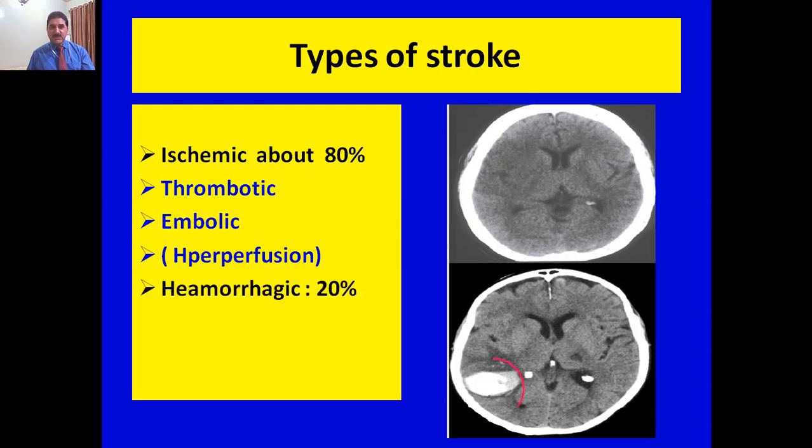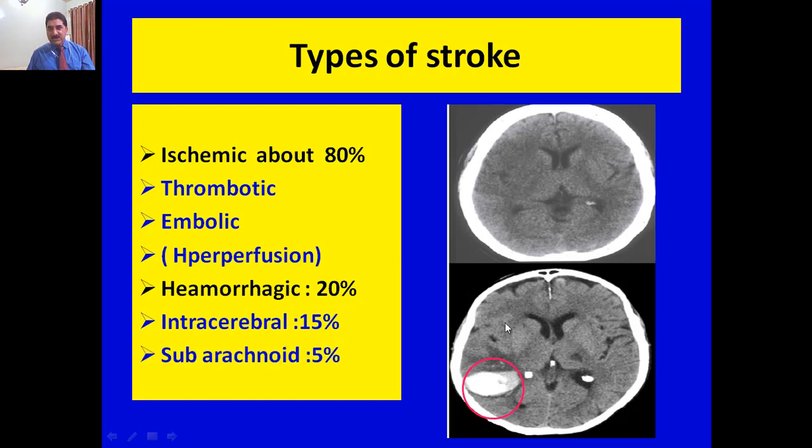They account for 80% of all strokes, while hemorrhagic strokes are less common. They account for 20% of the strokes. These hemorrhagic strokes are further divided into intracerebral 15% and subarachnoid 5%. Hemorrhagic stroke is shown in the second diagram as a hyperechoic shadow on CT.